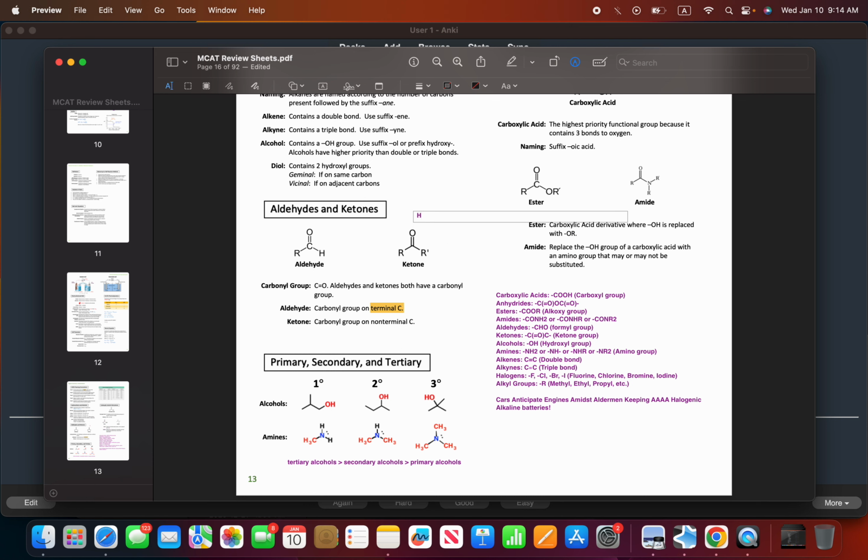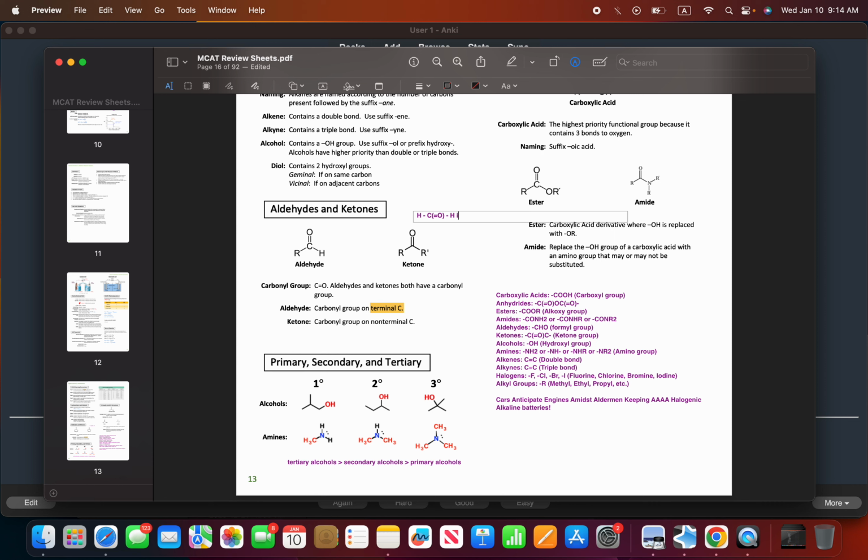So H and then C double, I believe this is how they write it.